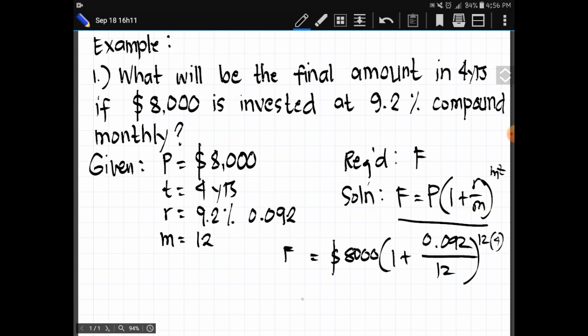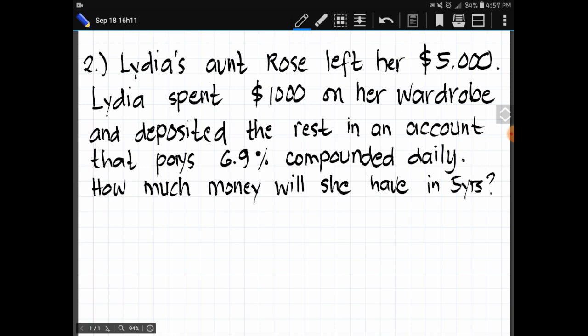And that is our final amount. This will give us the value of $11,542.53.